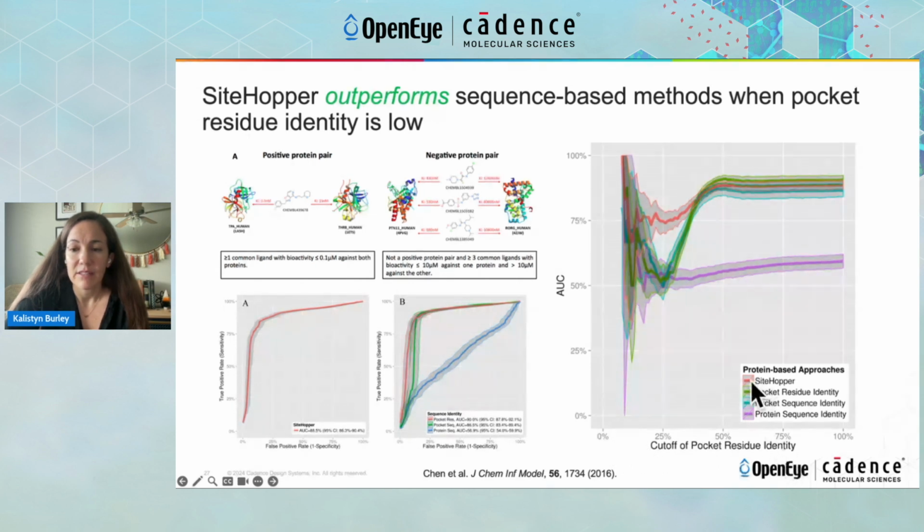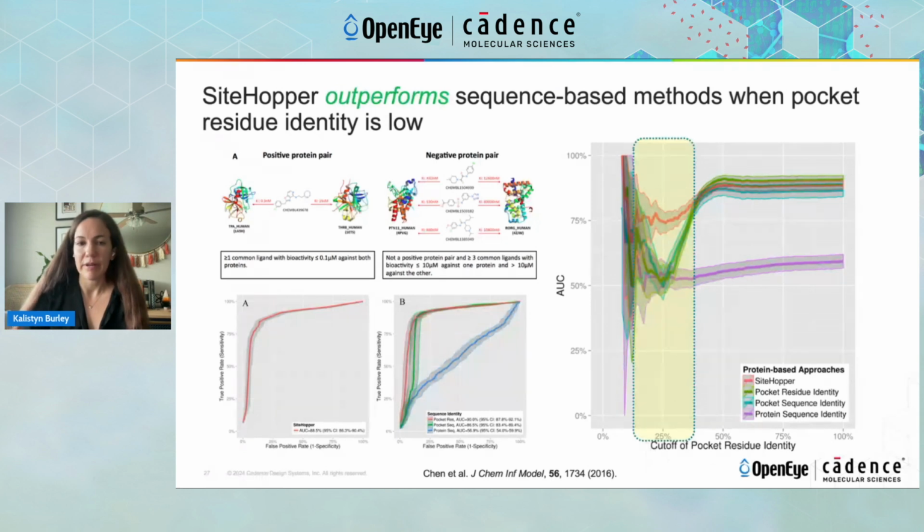What we see with SiteHopper, here in red, is that it has an added advantage of really identifying similar protein pockets that share cognate ligands in the case where there is low pocket residue identity. The reason we're able to do that is because we're abstracting with this method from the actual residue identities that make up that pocket. So there's a real advantage conferred here by SiteHopper.